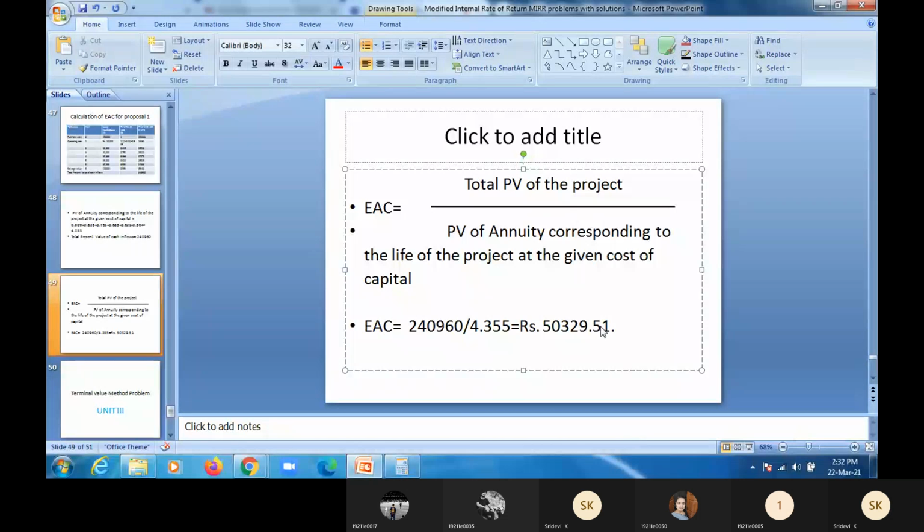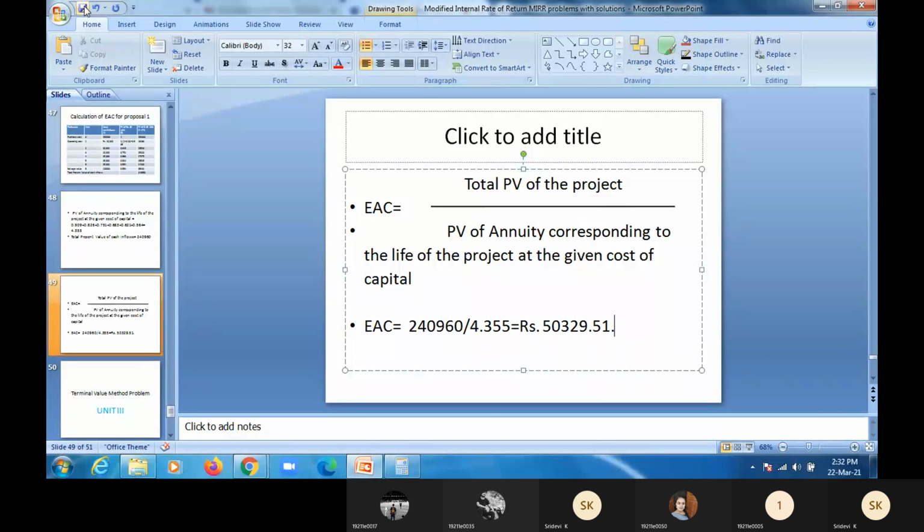In the same manner, you do it for proposal 2. After finding it out for proposal 2, you are going to recommend which one is profitable. We decide based on the EAC value. Whichever has the lowest EAC, that proposal you are going to suggest.